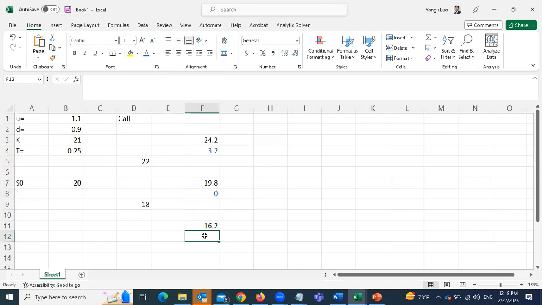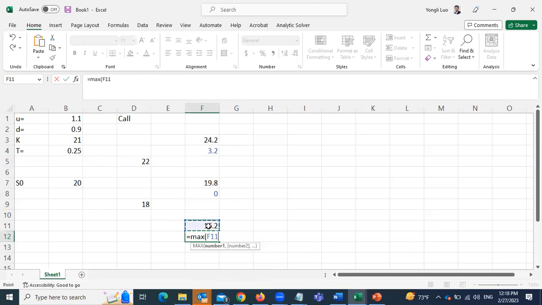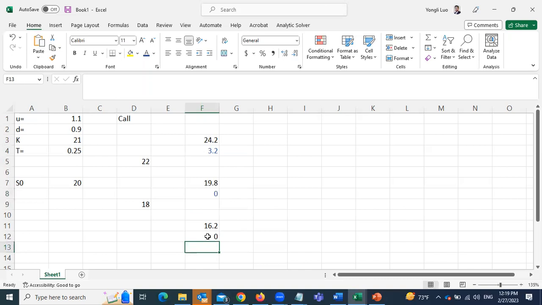And then we have the max of the current stock price minus the strike price and 0, the option price. It's also 0. This one is below, right? So we get all 0.